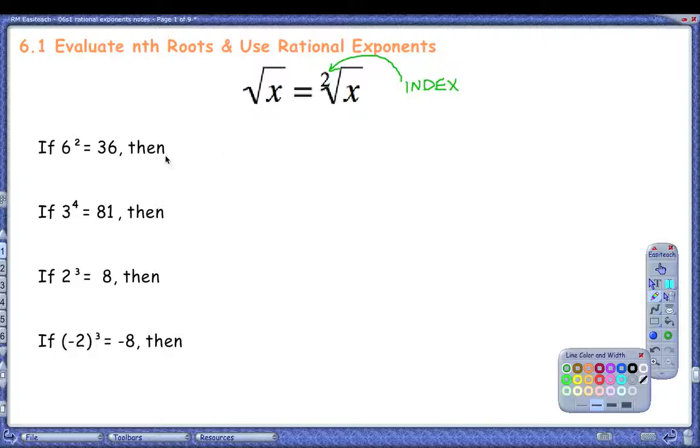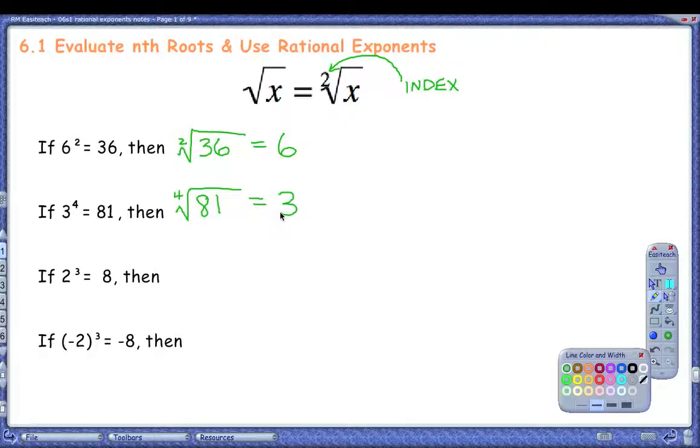First of all, referring back to our square roots. Roots are the opposite of powers, or the inverse of powers. They undo powers. So if 6 squared is 36, then the square root of 36 is 6. Likewise, if 3 to the 4th is 81, then the fourth root of 81 is 3.